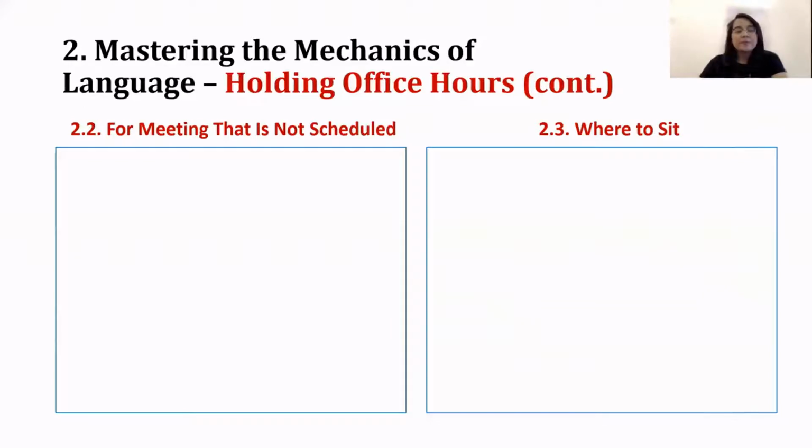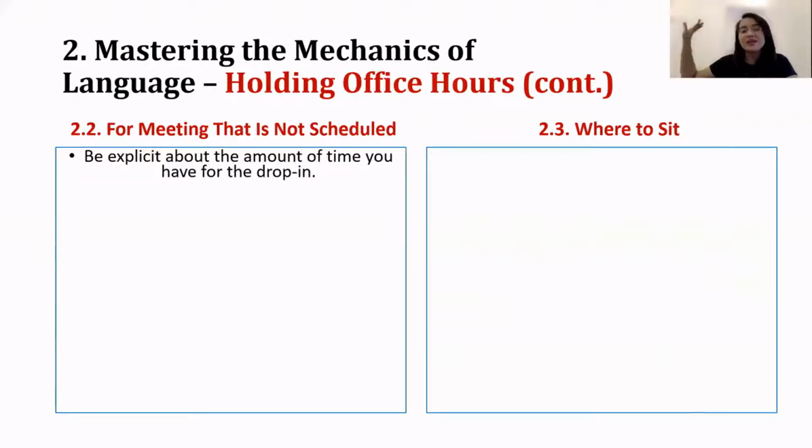The next one: during office hours, some students may come to us without making an appointment or scheduling a meeting with us. So what are the tips for that? We cannot just ask them to go away. That won't be polite, right? So what we need to do is be explicit about the amount of time we have for the drop-in.